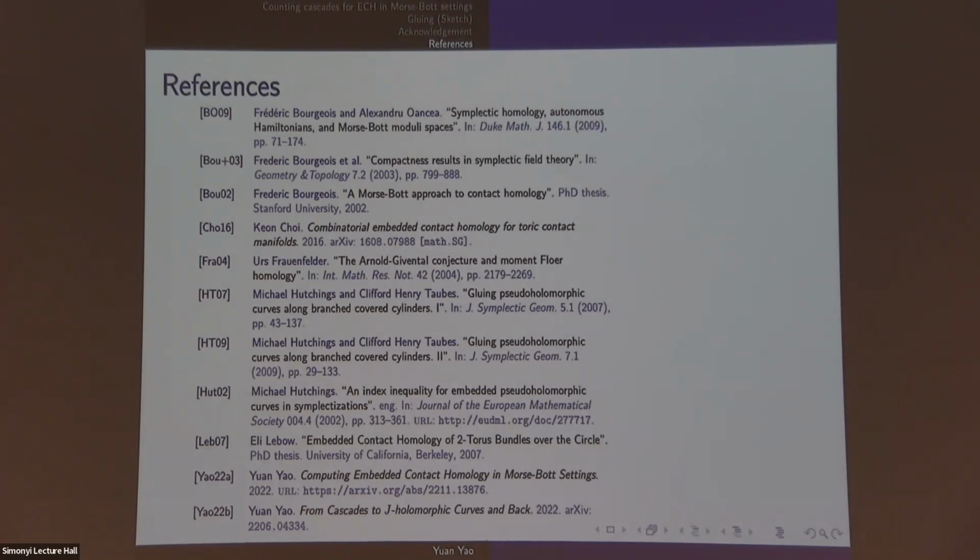Do you think that if you had a situation where you had Morse-Bott families that were not S1... I think it could work. It's a question of linear algebra, basically. I don't expect any difficulties. You mean a full dimensional Morse-Bott family?